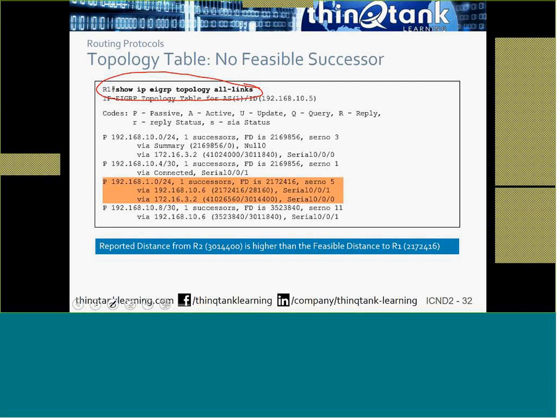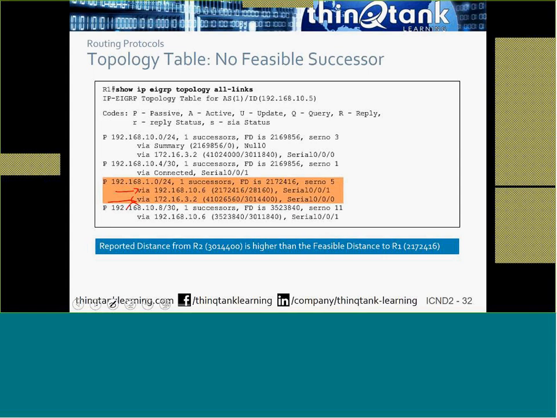I mean, check it out. 192.168.1.0, one successor, with a feasible distance of 2172416. So clearly this path is my successor path. Does the secondary path here, which is not a successor, does it meet the feasibility condition? Yes or no? Does anybody say yes or no?